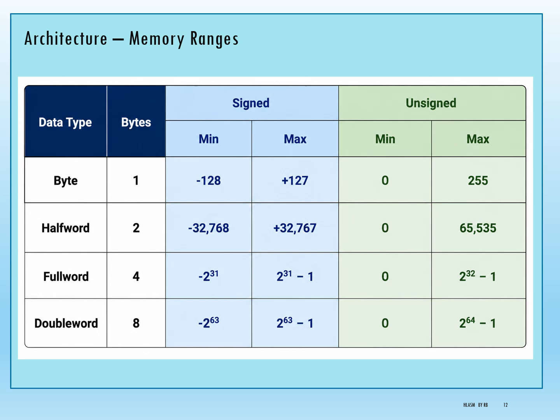It is very important to remember these numbers because many times events happen. For a very simple example, somebody's bank balance is 65,535, and you try to add one more rupee or one more dollar to it, and it becomes 65,536.